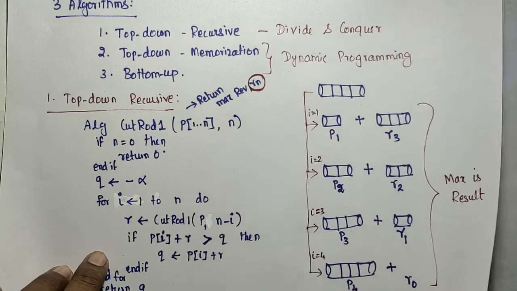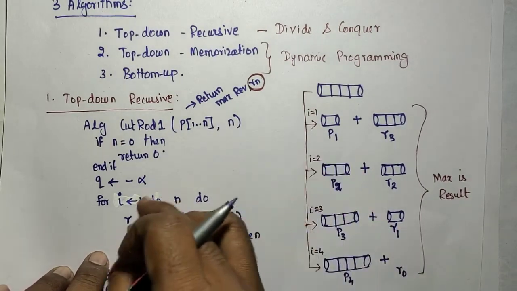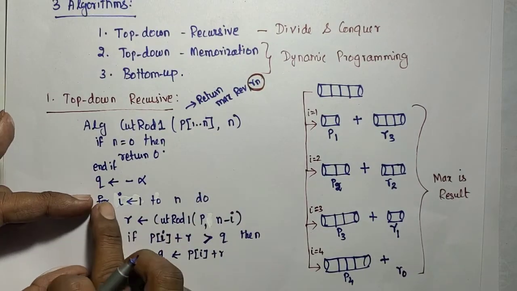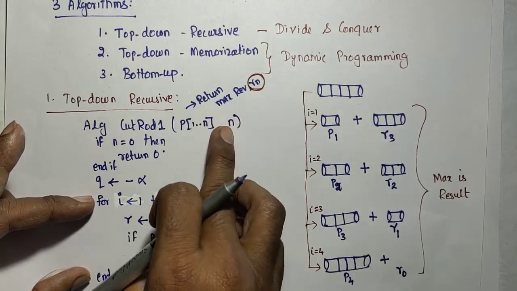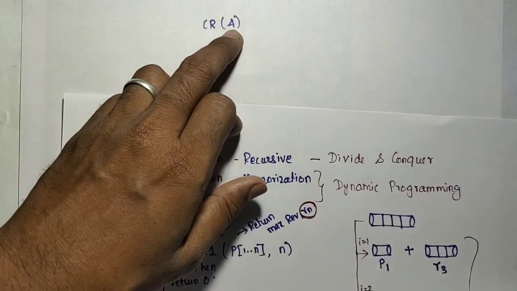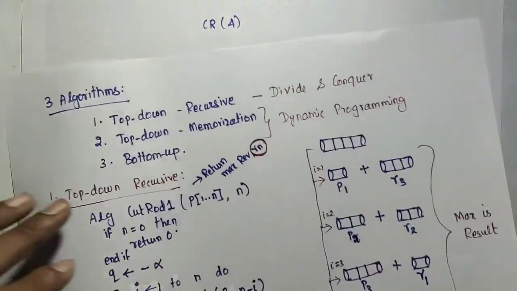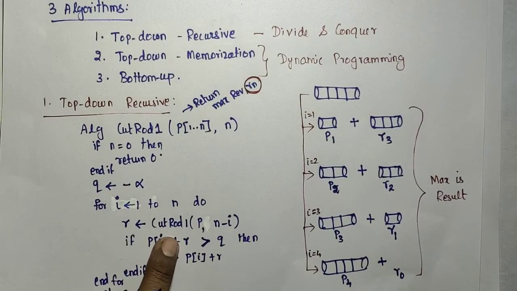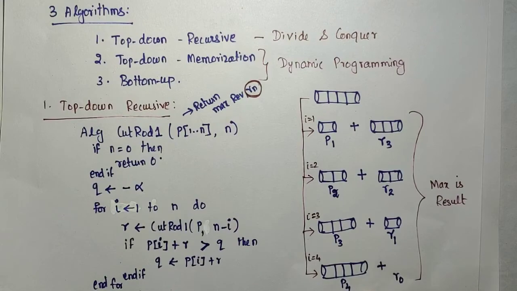It means that in each problem there are 4 iterations, that is n iterations. Here the input is 4, which means i equal to 1, 2, 3 up to 4. In each iteration we need to call Cut-Rod.